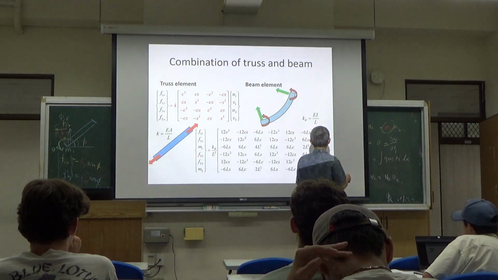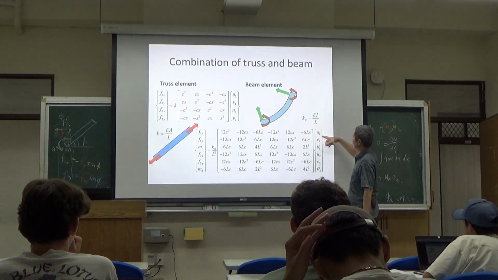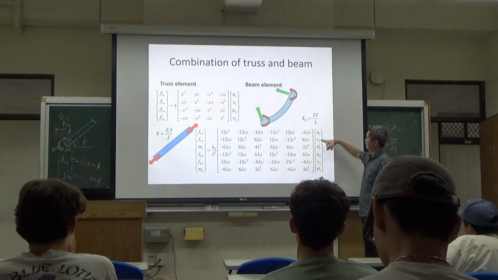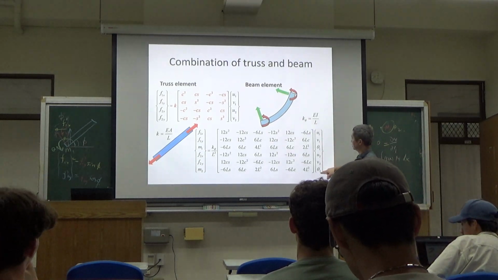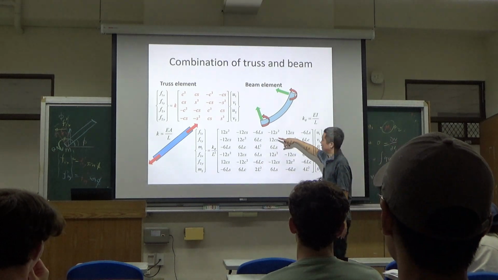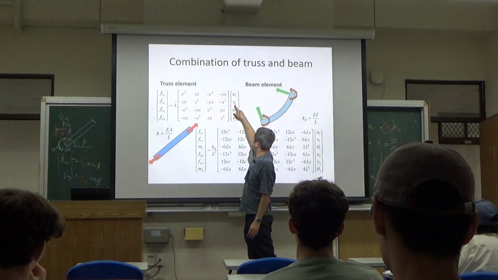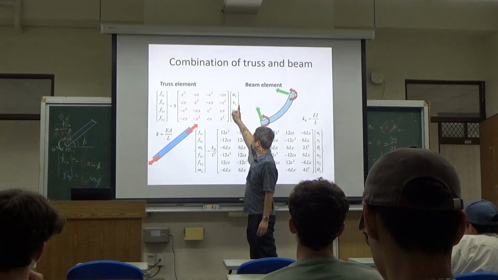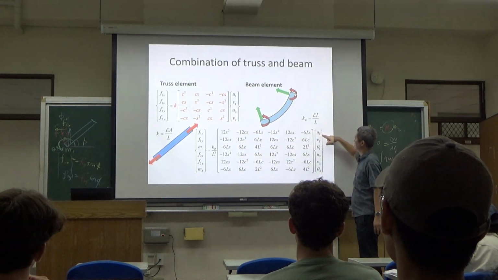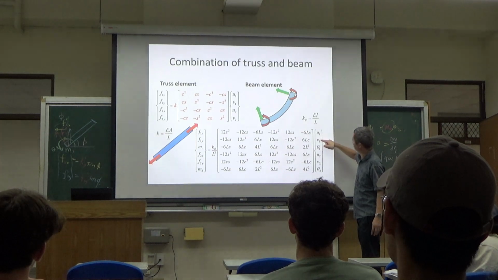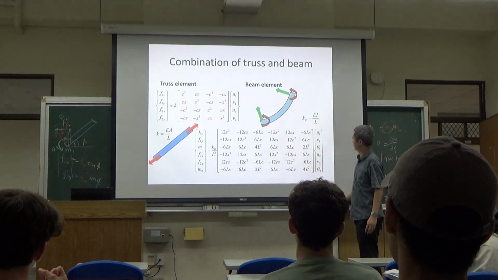Before that we already derived it could be a 2D beam element expressed in terms of U1, V1, theta 1, U2, V2, theta 2. So you can see that truss element in 2D will be coupled with the horizontal vertical displacement for a beam, okay?